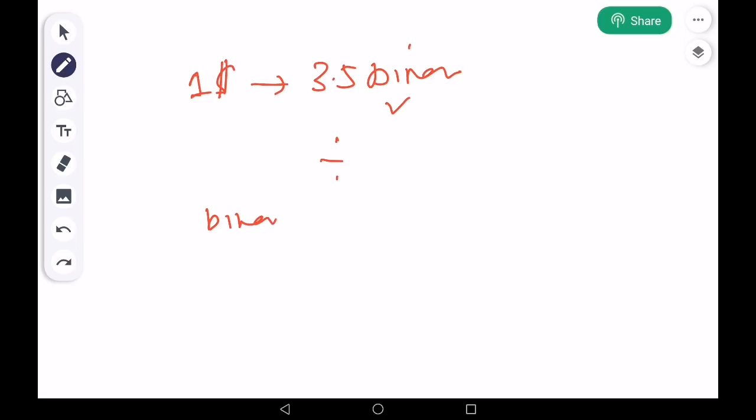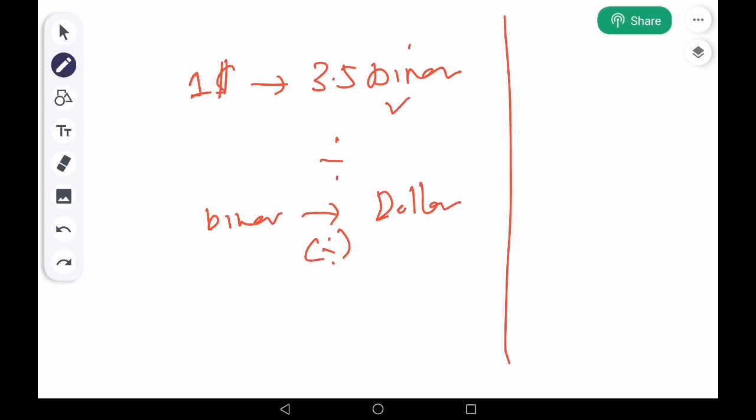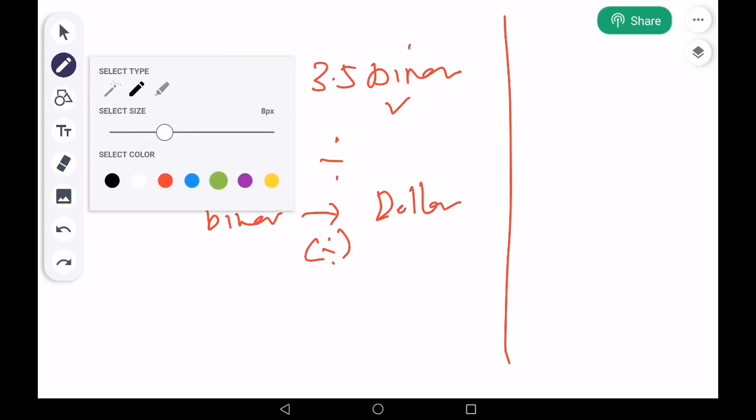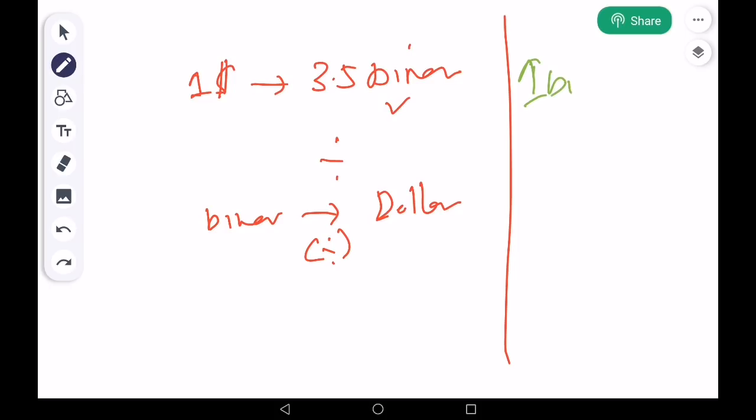Means that dinar to dollar, you have to divide. Alright, class. If the question gives you this way, 1 dinar equals $0.5, in this case, class, if they give you dinar and they want dollar, you have to multiply the rate. So please read the question carefully, alright? Just to remind you on this matter.